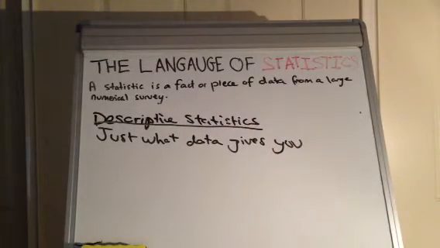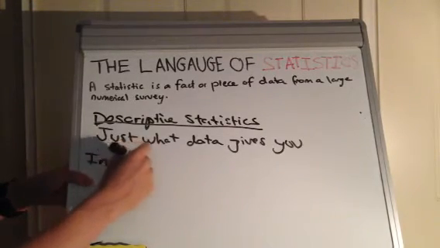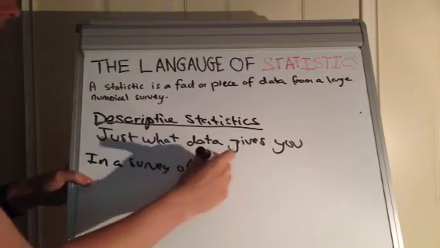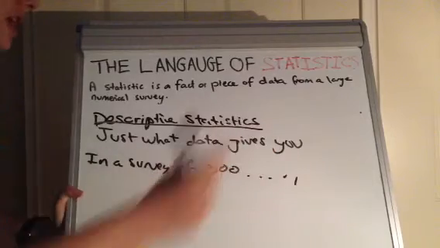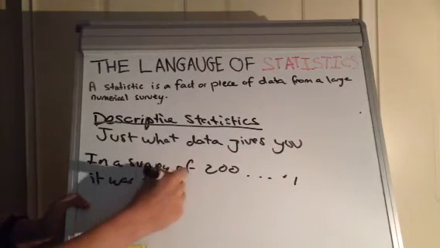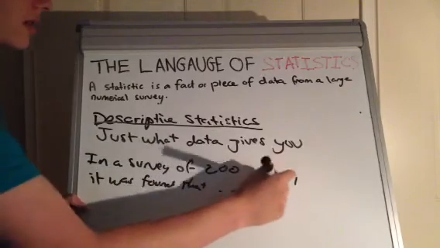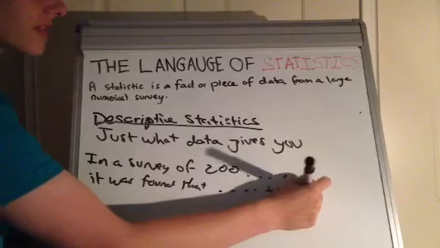Say they surveyed 200 respondents and they found that the mode out of those 200 respondents was 7, for example. I don't know what the question could have been, but they would say, in a survey of 200 students, doctors, lawyers, medical professionals, whatever it was, it was found that the mode was 7.